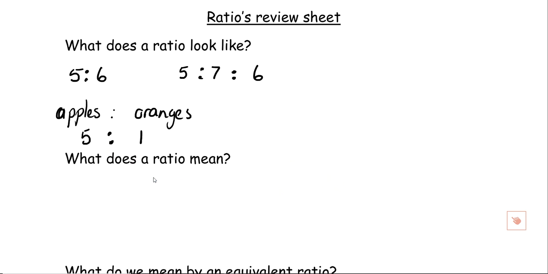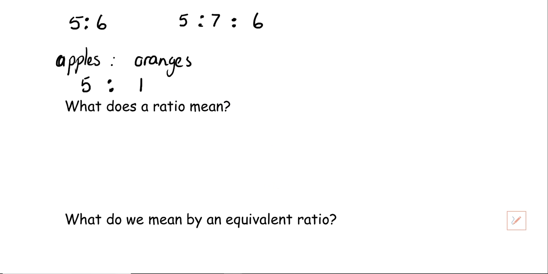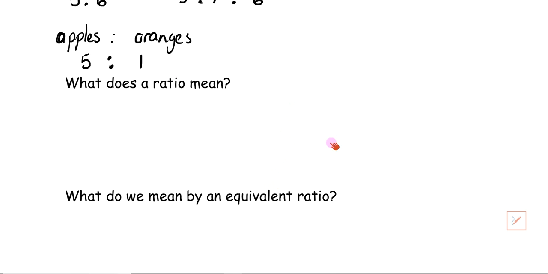So does that cover what a ratio means? I think you've already done that then, haven't you? You've already said it's how many of one thing compared to another. A ratio is basically something compared to something else. Could we give other examples? Remember the first ratios we did were involved with cooking?